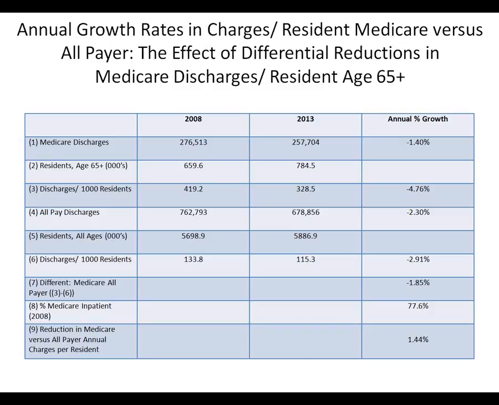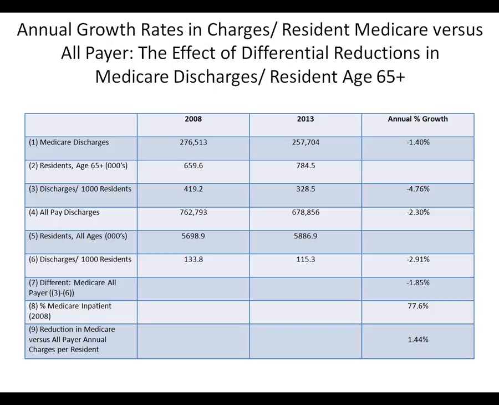I'm not sure I understand the question. Okay, the idea is that the charges per resident are going to account for both the modification in discharge levels and the charges per discharge.